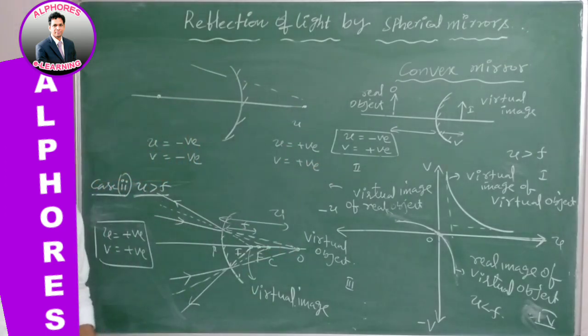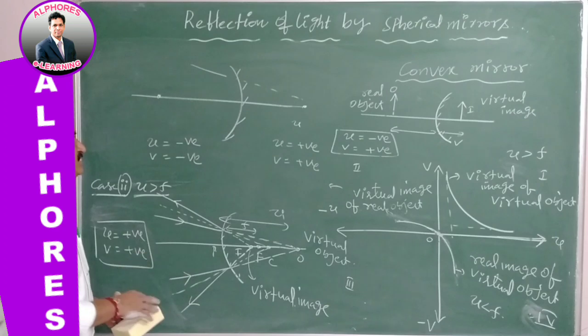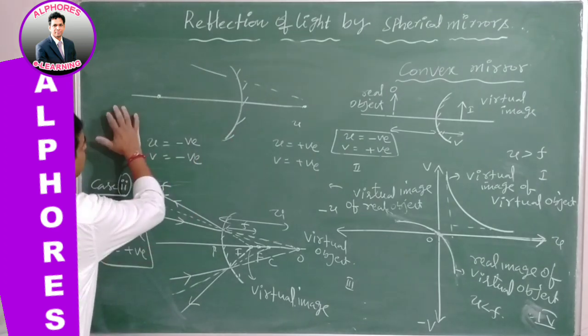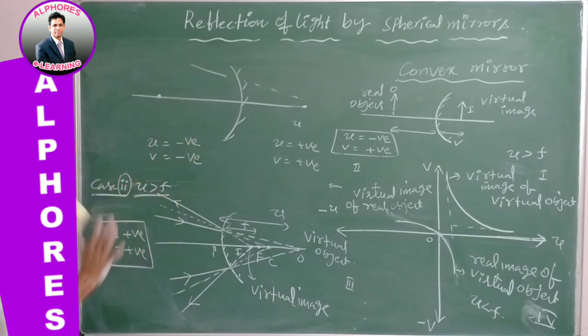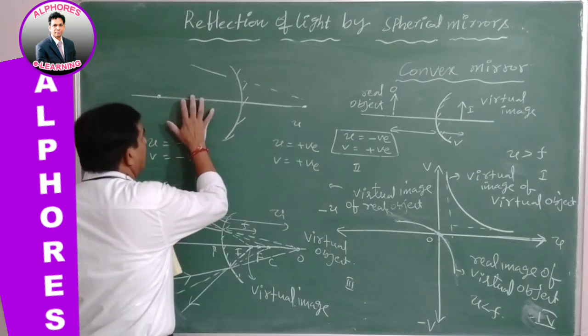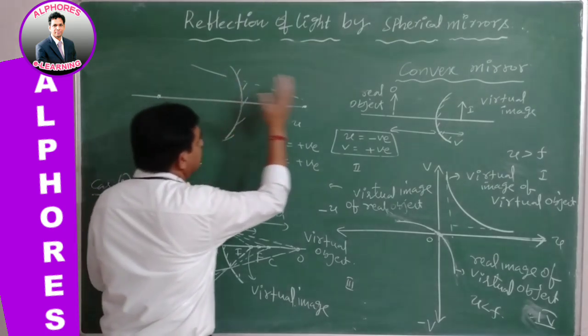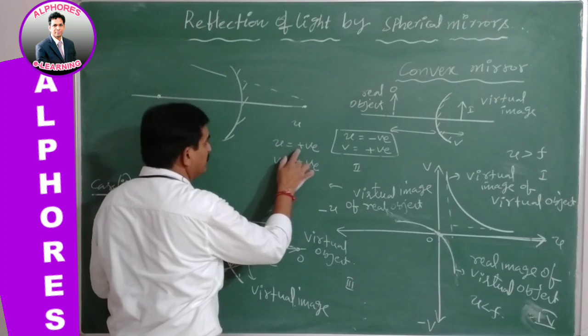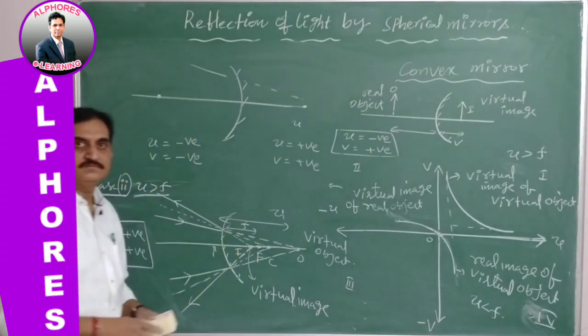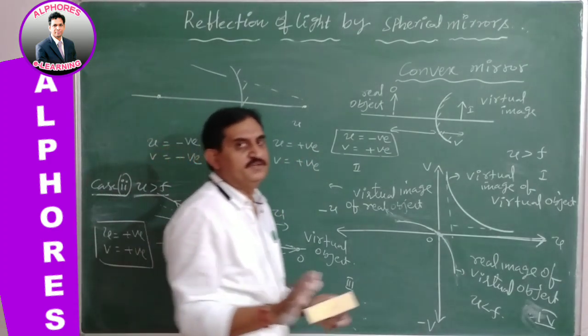So very simple. If both object and image are before the spherical mirror, their sign convention is negative for both. If both are behind the mirror, then u is positive and v is positive. This is one more logic point, keep it in your mind.